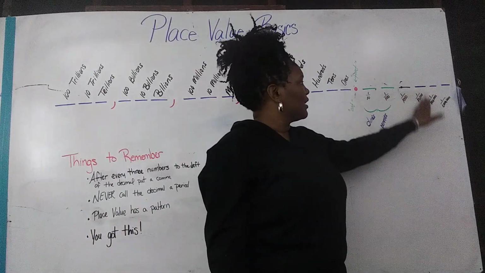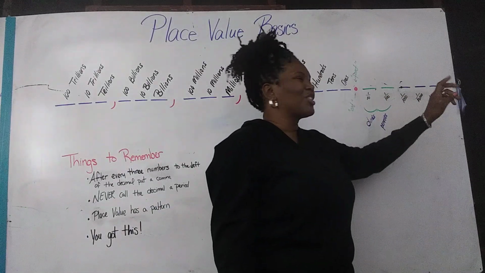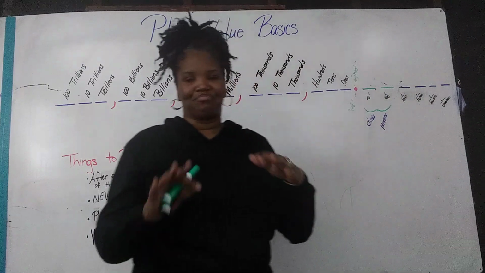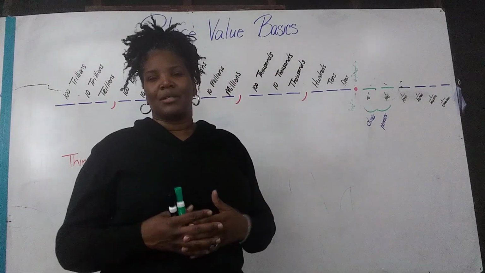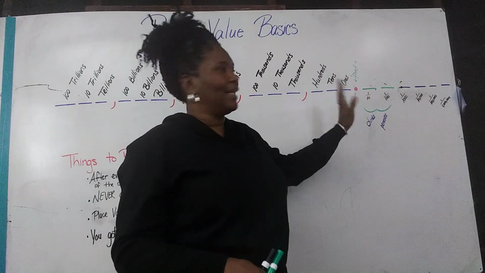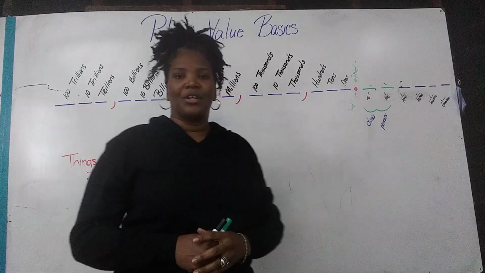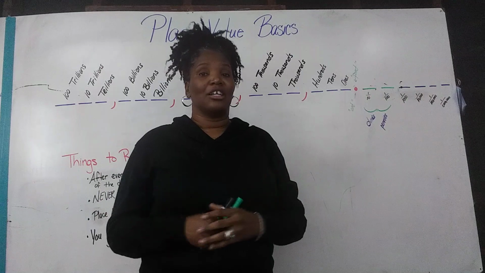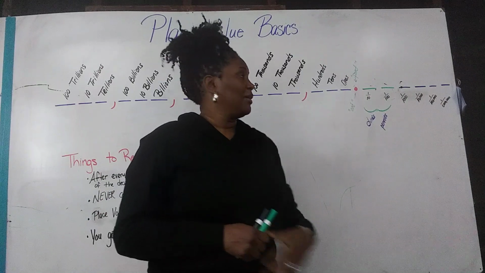The thousandths, the 10,000ths, the 100,000ths, the millionths. We normally don't even say our numbers like that. We will say point or and then call out all the numbers behind the decimal. Again, I'll show you how that works in a little bit.